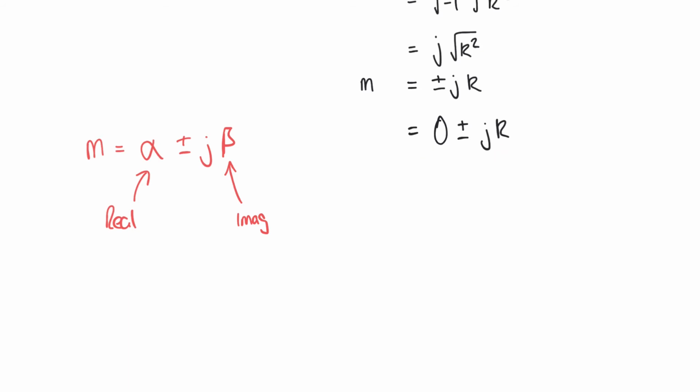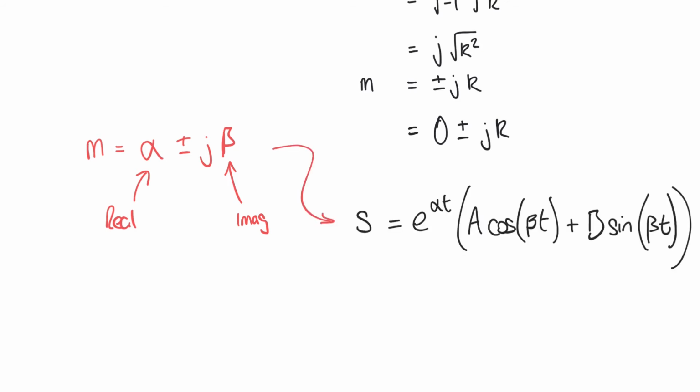But we know that when presented with complex roots in this form, our solution must be written in the form that looks like this. s equals e to the alpha t multiplied by a cos beta t plus b sine beta t.